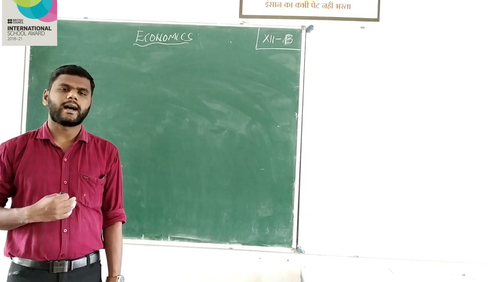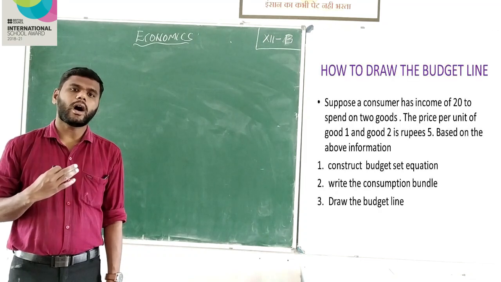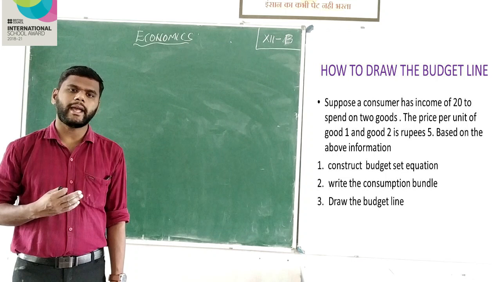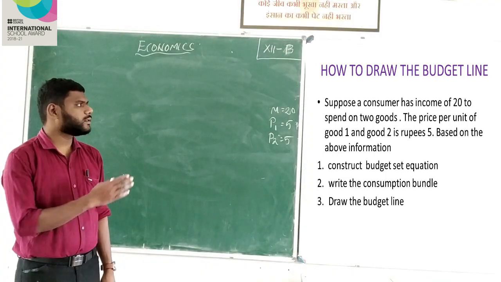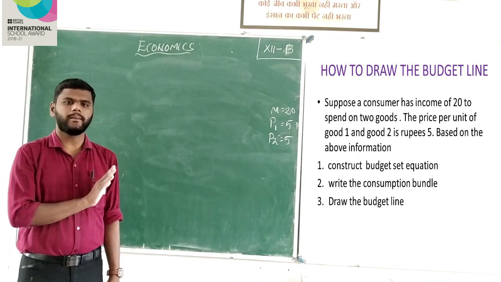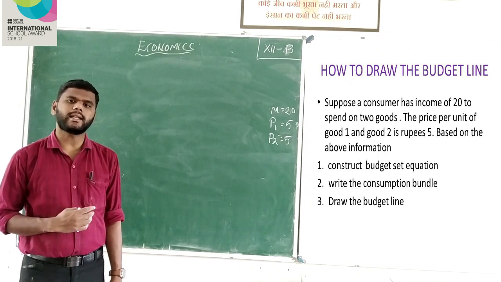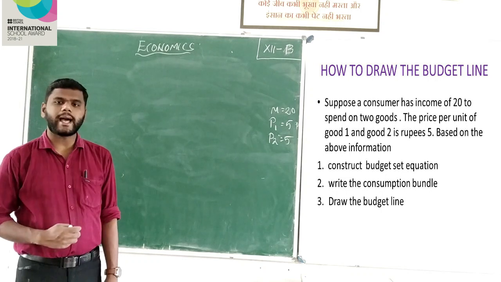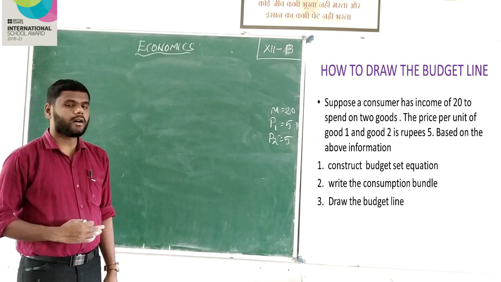In this class we are going to discuss how to draw a budget line. Based on the same problem we discussed in the last class: suppose a consumer has an income of rupees 20 to spend on two goods.